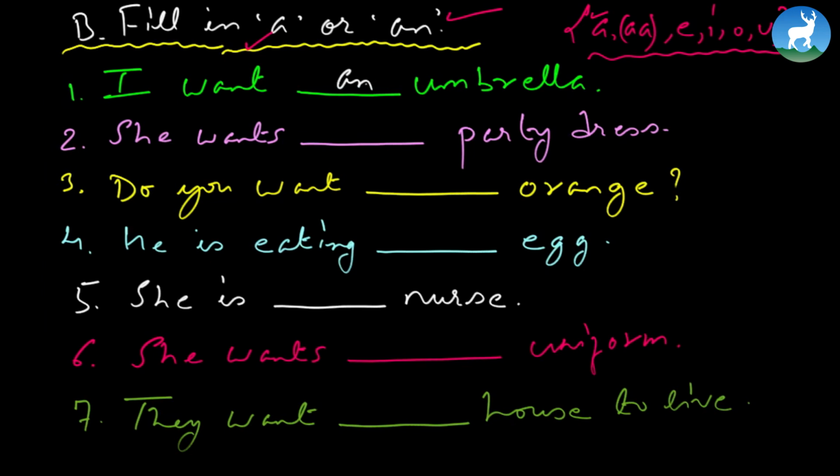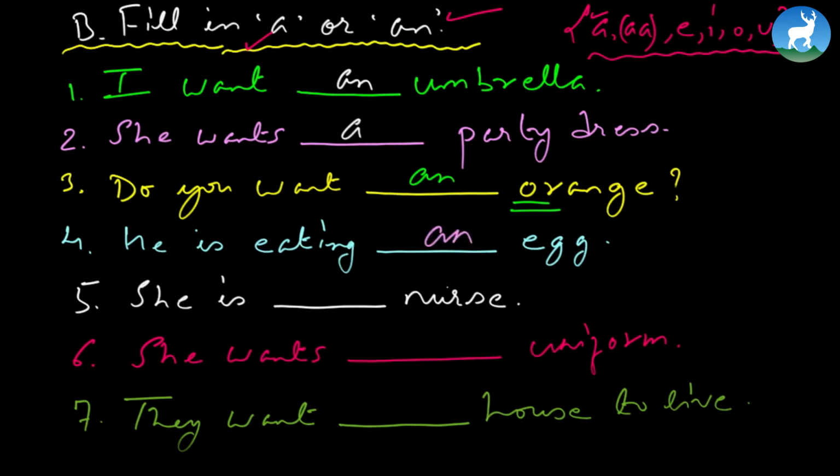Next is very easy. She wants a party dress, consonant, any dress. Do you want an orange? Why? Because the very beginning sound goes for the vowel sound. Do you want an orange? Again, he's eating an egg.